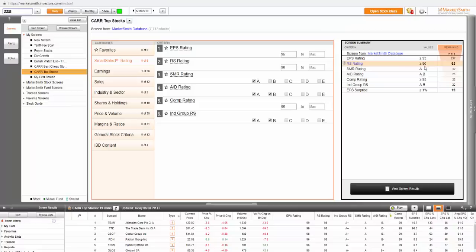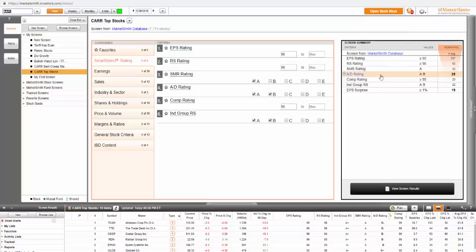So these are stocks that, generally speaking, are trending higher. They're in the top 10% of all stocks relative to the S&P 500, outperforming the S&P 500 for the most part. I want an SMR of A on a scale of A to E. So that's in the top 5% of all stocks for sales growth, margins, and return on equity. All three of those are hugely important for finding stable growth stocks.